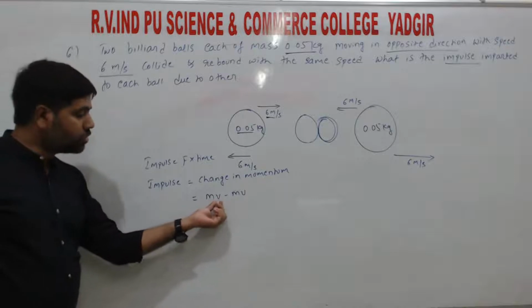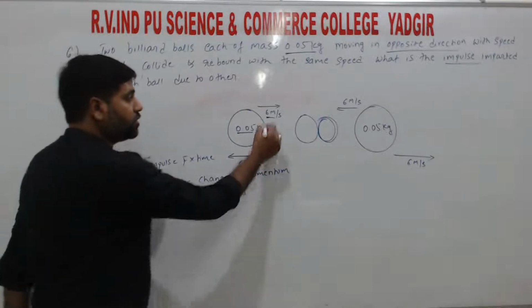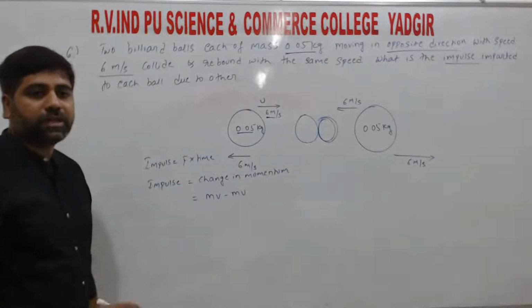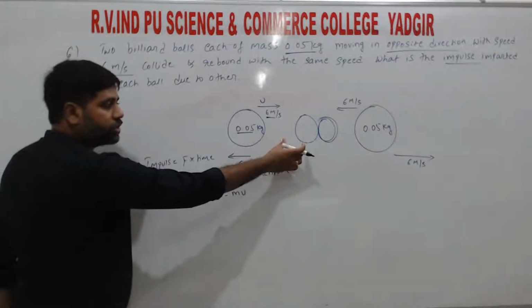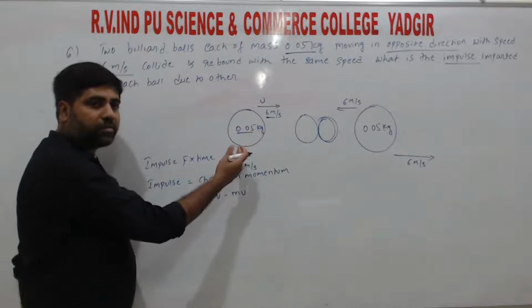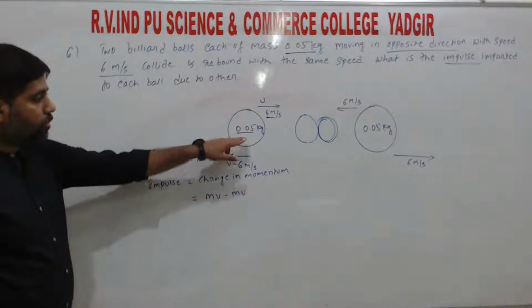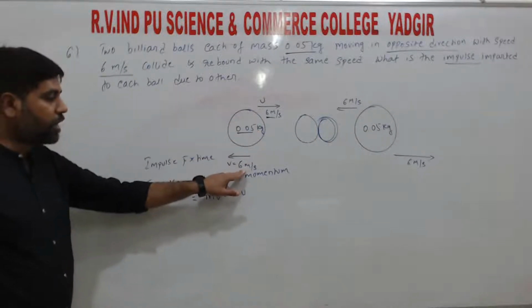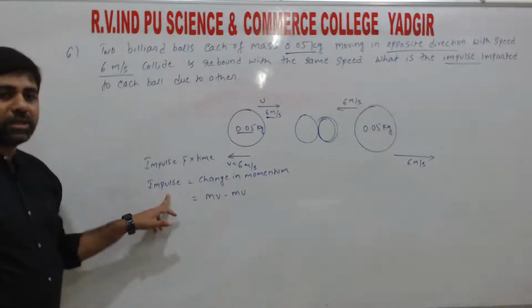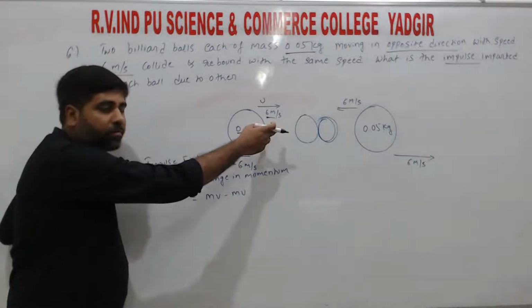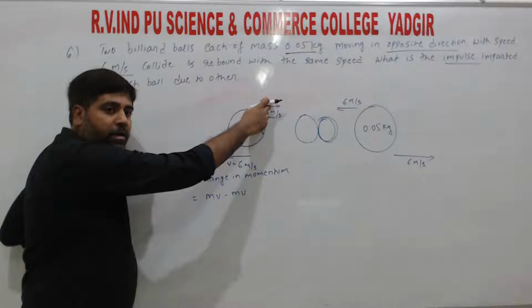Here we know the mass and the velocity. This 6 meter per second before collision we take as u, the initial velocity. After collision those two will rebound with the same speed, so that we take as v. We know the mass, initial velocity and final velocity, so we can easily find the impulse. Velocity has both magnitude and direction.